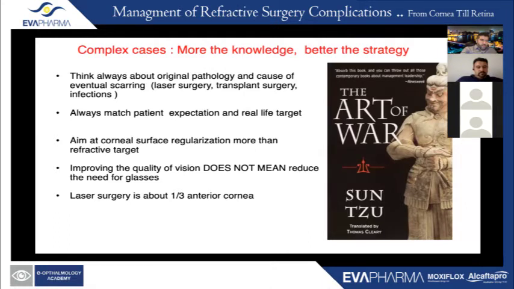And sometimes you have to aim more at corneal surface regularization than pure refractive surgery. And improving the quality of vision in corneal complications does not mean reducing the need for glasses. And remember, if you do PRK, you can fix just the anterior third of corneal problems, not deeper ones.